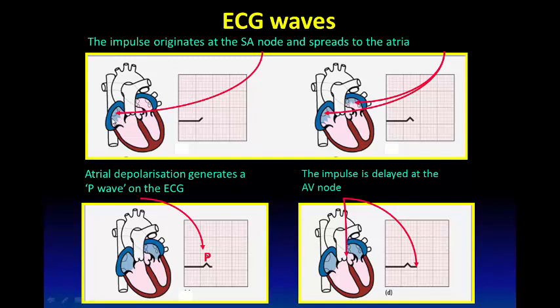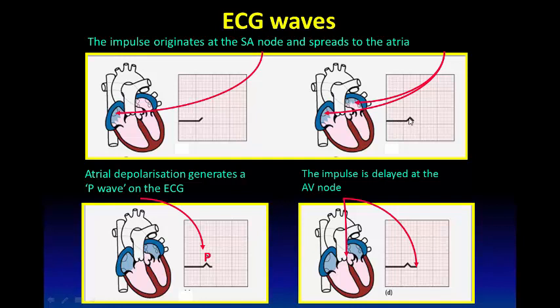So the impulse originates at the sinoatrial node and spreads to depolarize the atria. So now the polarization is moving in the direction towards the active electrode. So the needle of the ECG machine moves up, giving a positive wave.